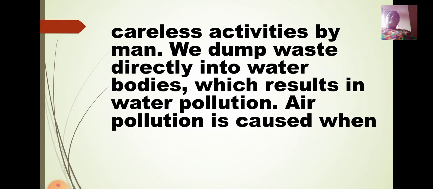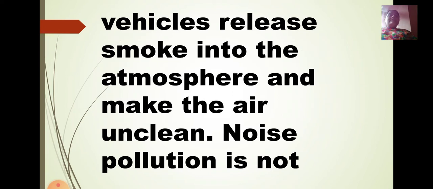Air pollution is caused when vehicles release smoke into the atmosphere and make the air unclean. The smoke that comes out from vehicles, whether it is a scooter, a bicycle, all the vehicles, like scooters, bikes, cars, buses, trucks, trains, they all release smoke which is not good for the atmosphere. It makes the atmosphere unclean.